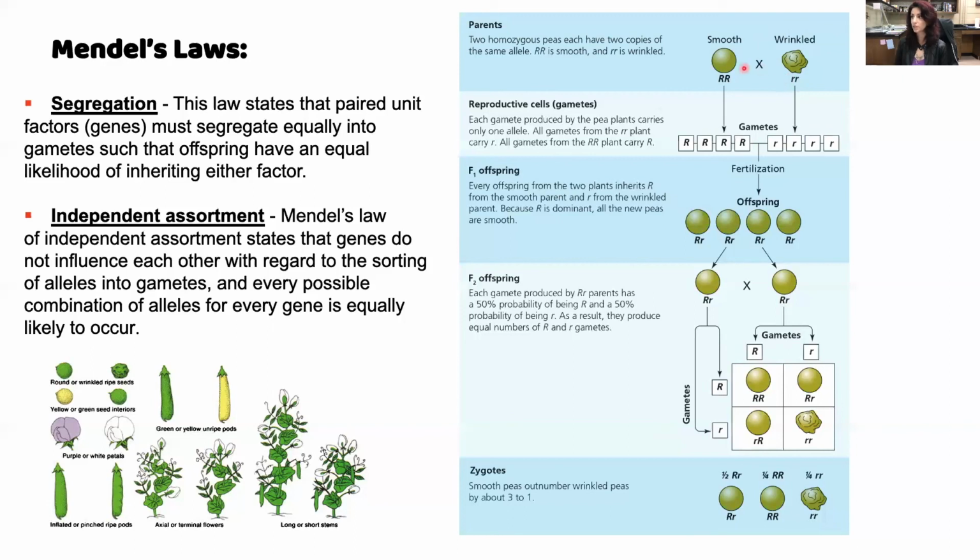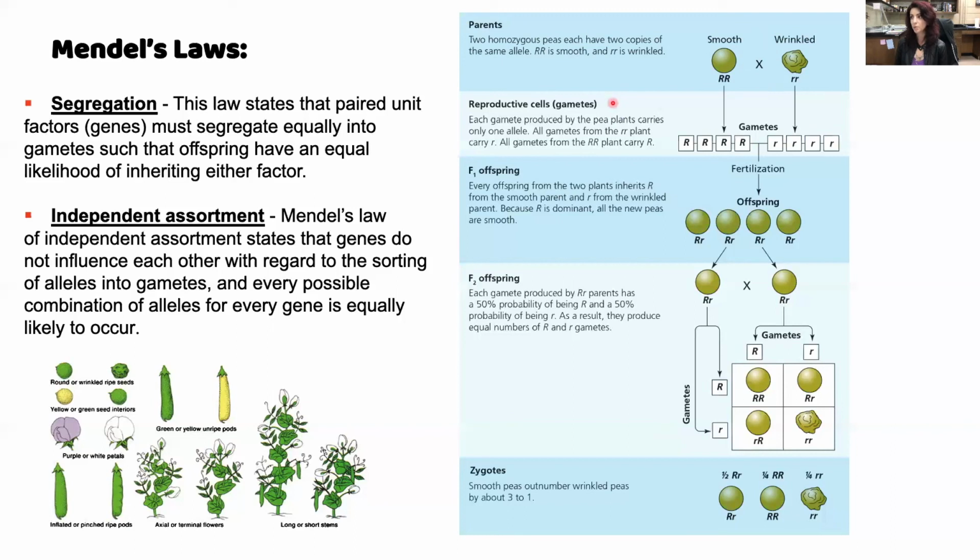The two alleles that each parent has are both the same. The smooth parent has two big R's for the dominant allele, and the wrinkled parent has two little r's for the recessive allele. These then produce reproductive cells, which are called gametes.